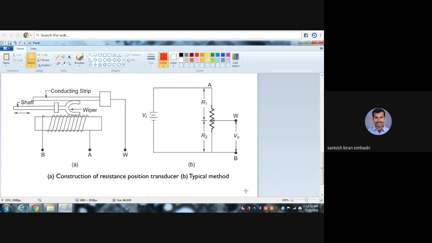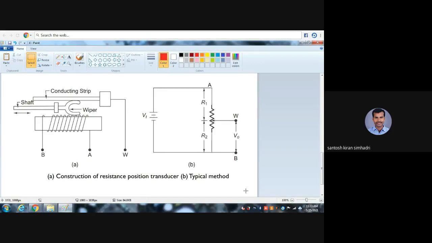Once the shaft moves like a slider, the wiper connected with the coil moves, so there is a 100% chance the conductor position changes, a change in length. R equals rho L by A. With the change in length, resistance is also changed. Displacement means a change in position.